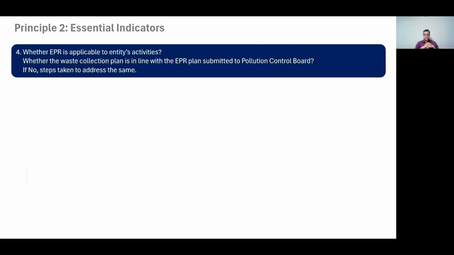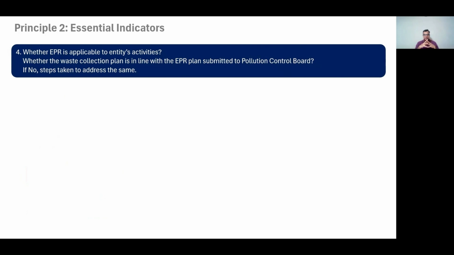The next indicator is whether EPR is applicable to the entity's activities and whether the waste collection plan is in line with the EPR plan submitted to the Pollution Control Board. If no, steps taken to address the same. What is EPR? EPR is Extended Producer's Responsibility.